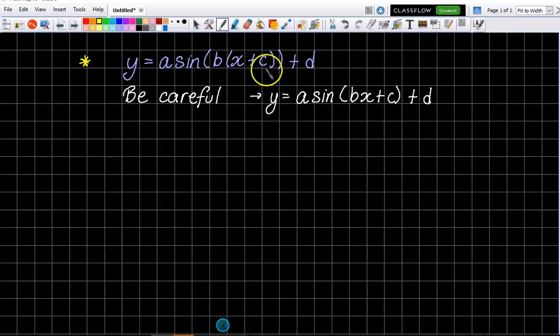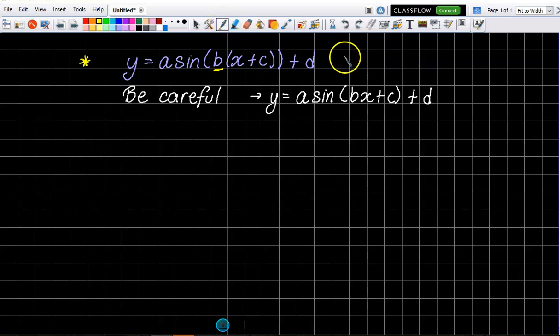When it is written like this, the period of the function is going to be 2 pi on B. We'll talk about the translation.